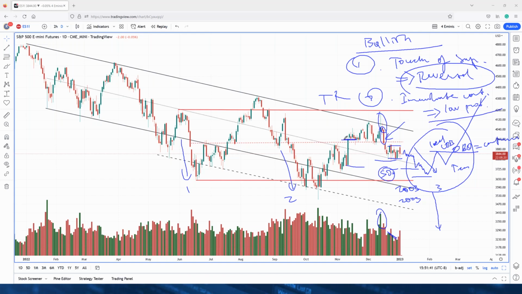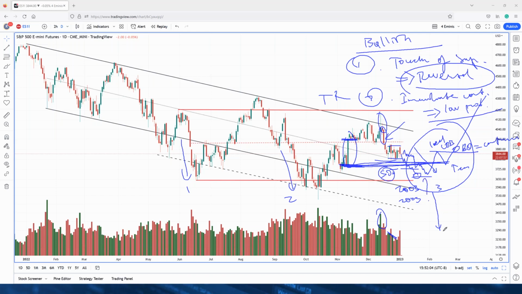We're still within the confines, within the boundaries of the high and the low of this very, very important CPI bar. So that's one of the bullish positive signs.